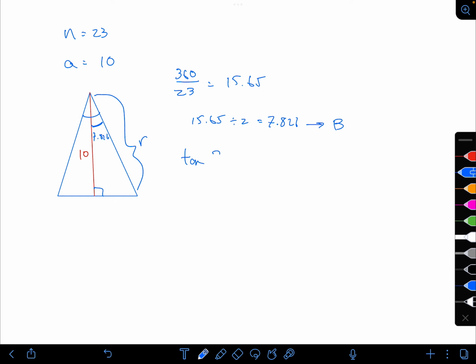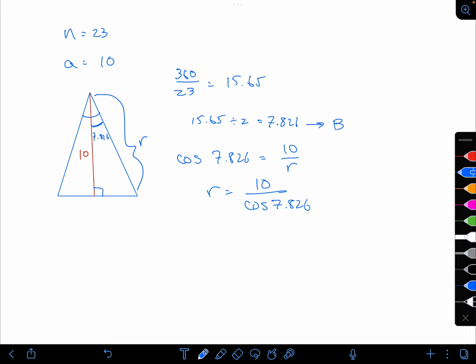The tangent of 7.826 is equal to, I lied, it's not tangent. I'm not looking for that side. I'm looking for cosine, because I want adjacent over hypotenuse. So the cosine of 7.826 is equal to 10 over r.